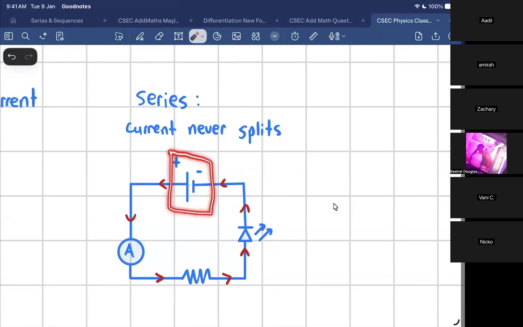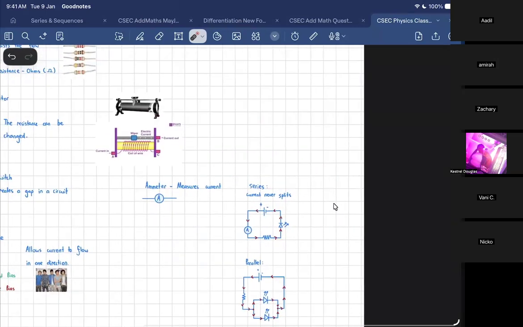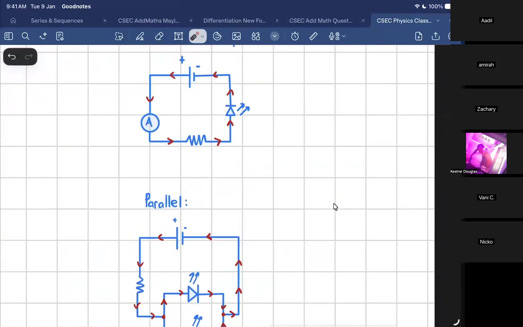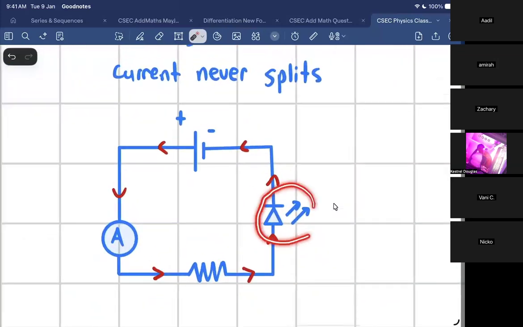It's a battery. Right. Adil, this is a battery. The longer terminal is the positive terminal, and the shorter terminal is the negative terminal. So Adil, what is this? A battery. Right, that's a battery. What is this?